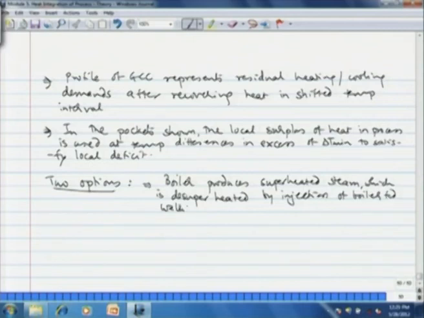And in some cases even hot oil can be used for circulation. Now, let us see how we can represent these two options on a GCC.